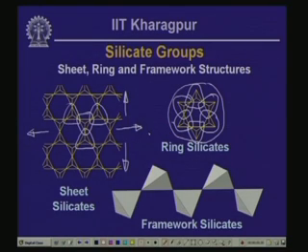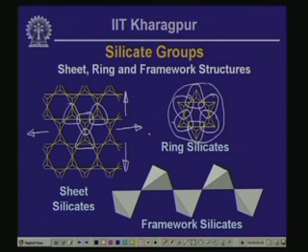Now, if we extend the concept of sheet-like structure a step further and consider a three-dimensional structure instead of a two-dimensional one, then we are going to end up with a type of silicate which is known as framework silicate.